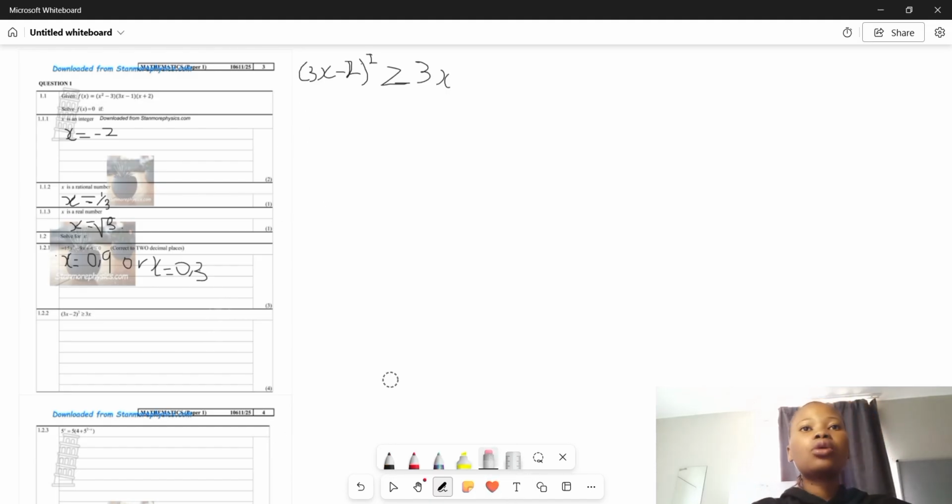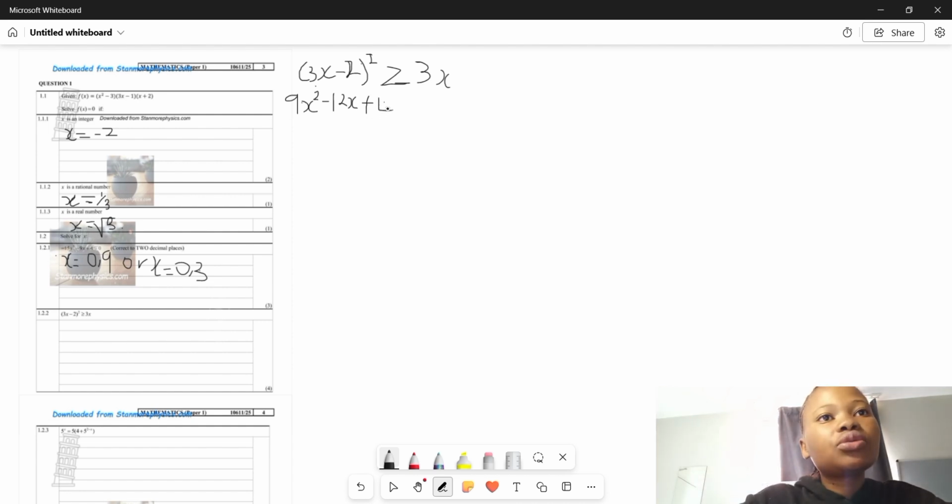Since we're given this, remember we are going to expand the left hand side of our inequality.